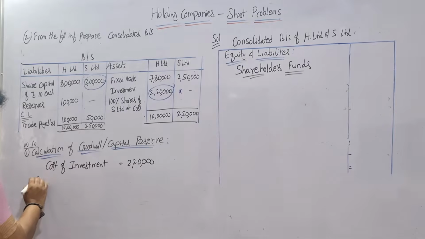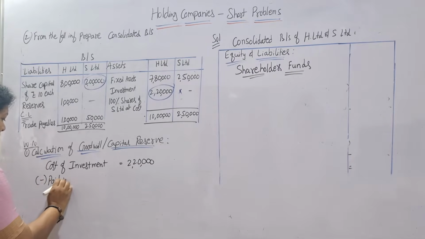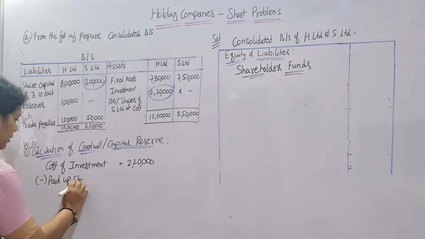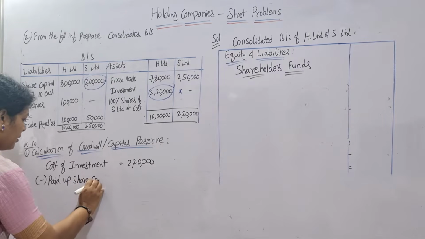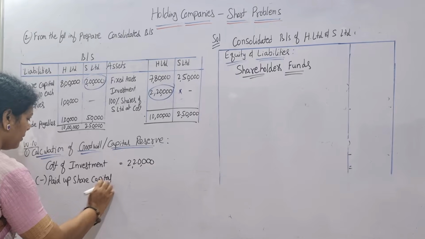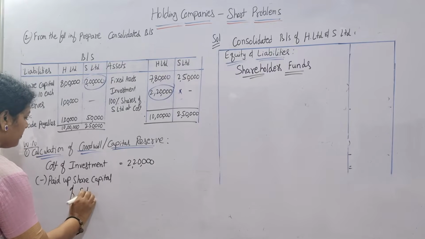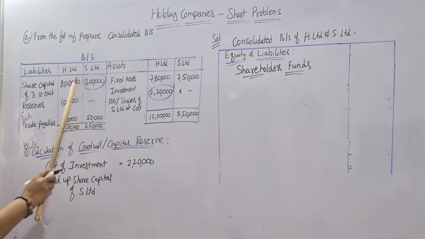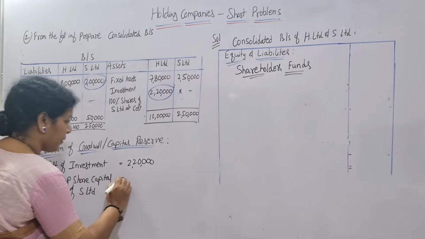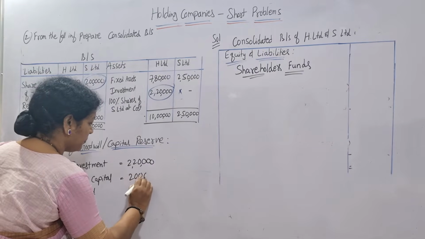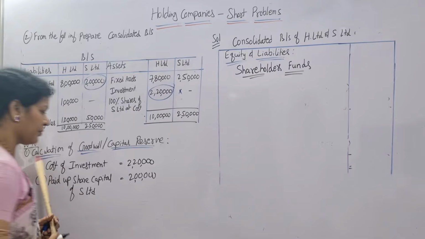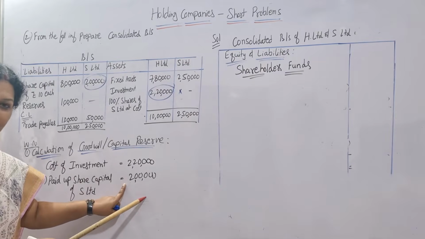What is the capital amount? That you can say is the paid up share capital of S Limited. Their capital is 2 lakh.